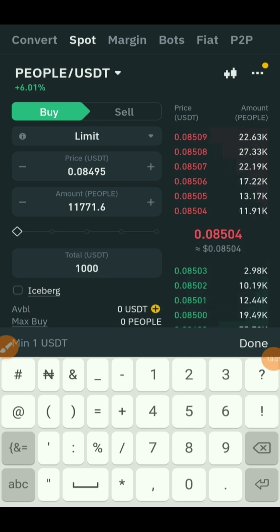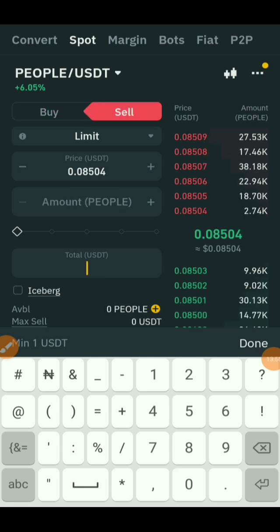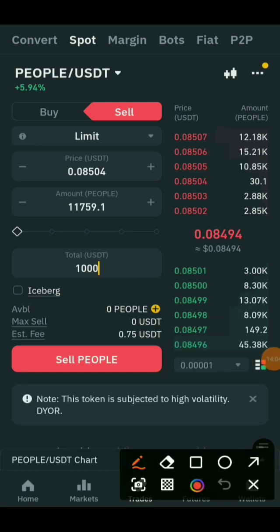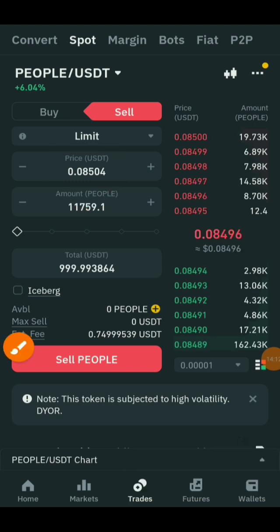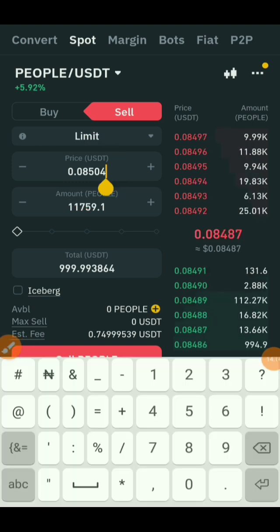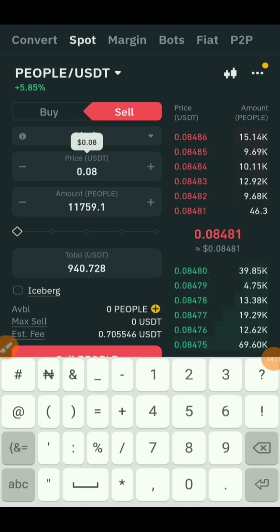All right, so we'll go to the sell section, put in our initial capital $1,000, and go straight to where it rates the price in USDT and change it to the 2% increase, which is 0.08659.